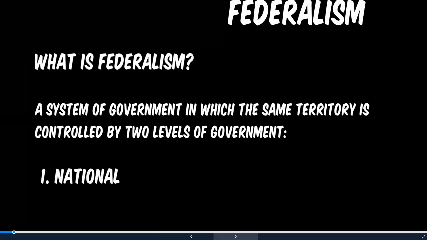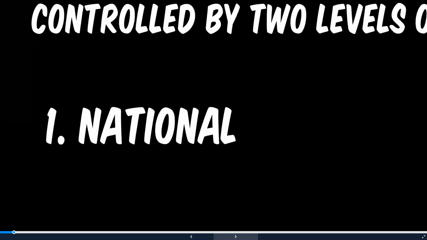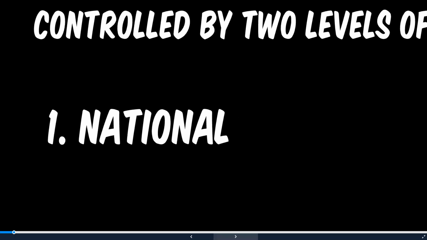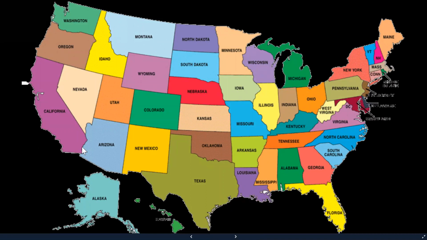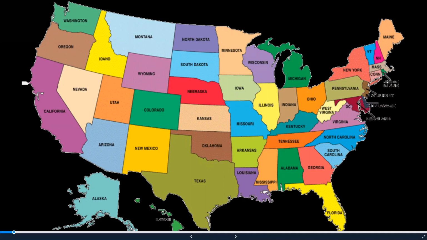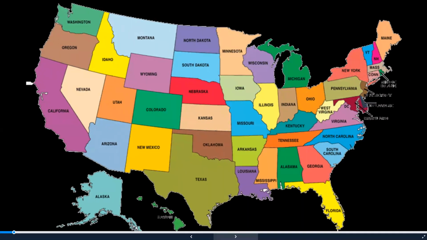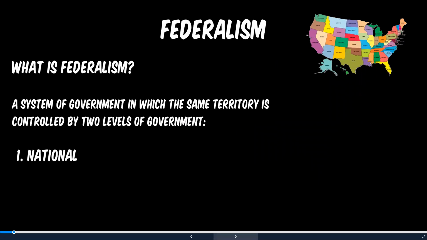All of our states are governed at a national level. So all these 50 states of ours, every single one of them is governed by the federal government. Under the federalism theory, each state is also governed by the state government.